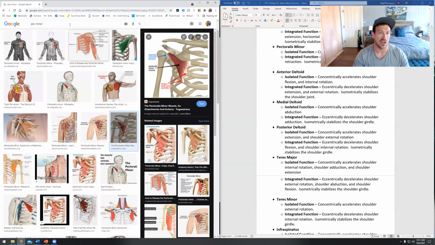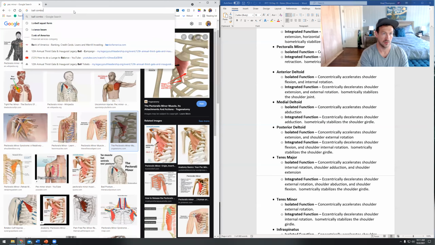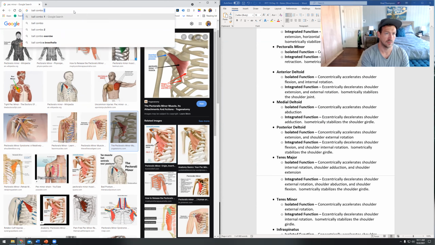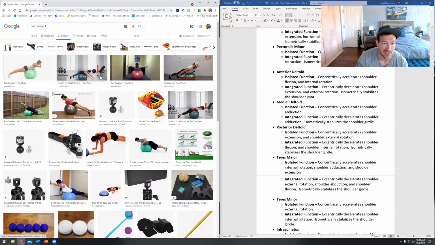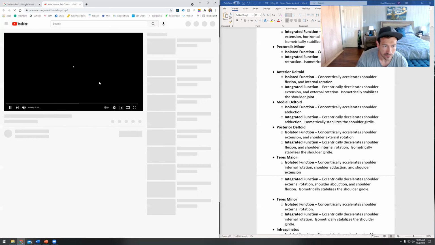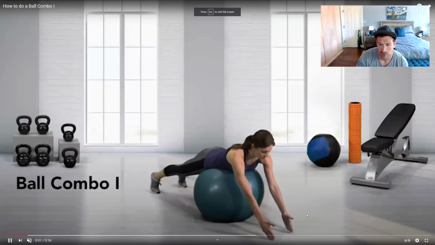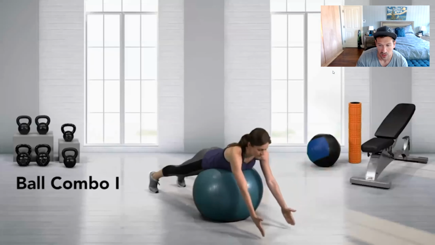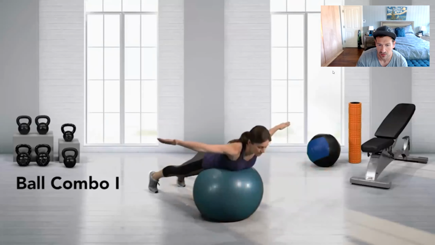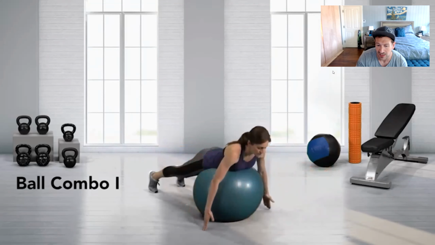But yeah, NASM will call it ball combo 1. So again, take a look here. You can see her. She'll go into a Y. You don't have to do this on a ball, by the way. And then she'll do a T. And she's not going to bring her pinkies up towards the sky.